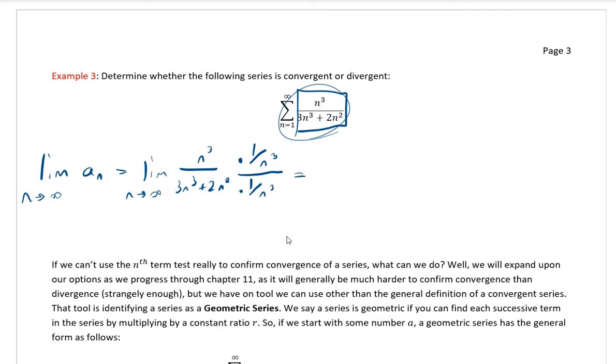We did a trick like this back when we did some stuff with tangents, or I think it was tanh, actually, back in 3.11. This will take n to the third, and it will now be 1. 3n to the third will just become a 3. And then 2n squared divided by n cubed will make this 2 over n.